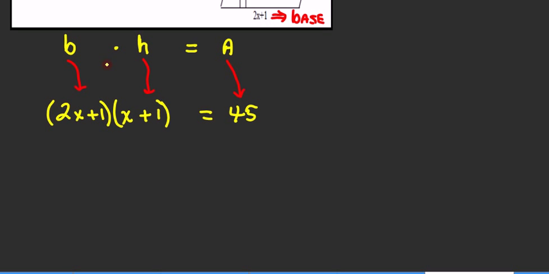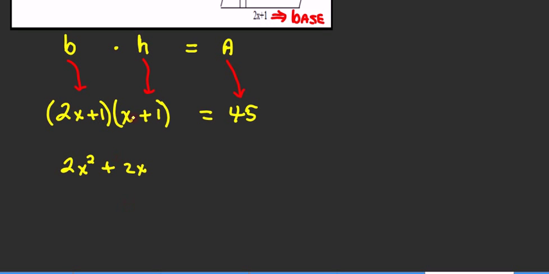Well, in order to do that, we'll multiply these two things together. We'll see that we're going to have a quadratic equation, so then we'll solve that quadratic equation. So we multiply these two things together using the FOIL method. So remember, we take this 2x times the x and get 2x squared, and 2x times 1, which is 2x.